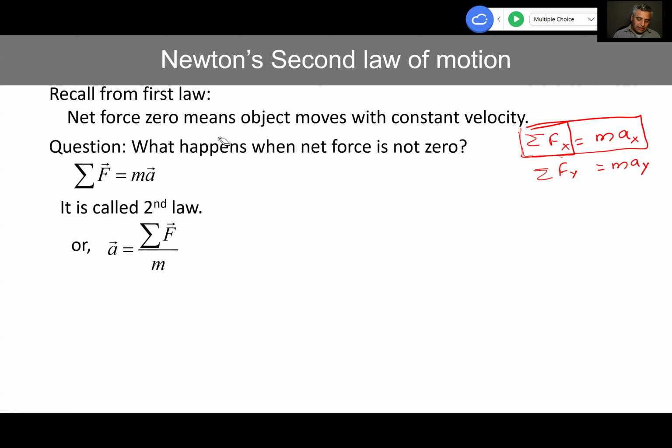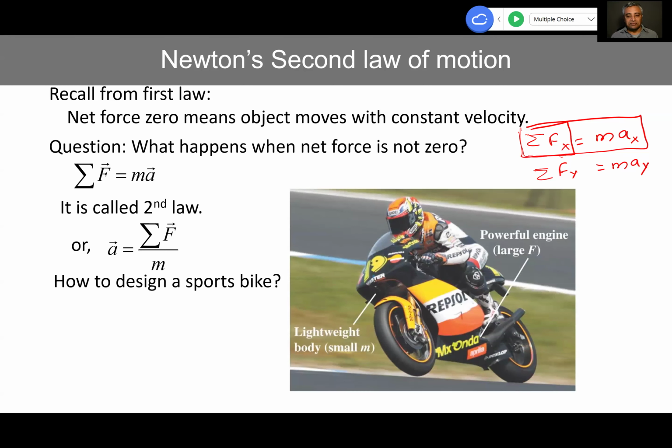Here, this helps us to actually design, for example, a sports car or sports bike, and so on. What do a sports car and sports bike mean? It means it can quickly go from 0 to, let's say, 60 miles per hour. The quicker it goes, we say it's sportier. So if the velocity changes quickly in a short time interval, that means it has a high acceleration.